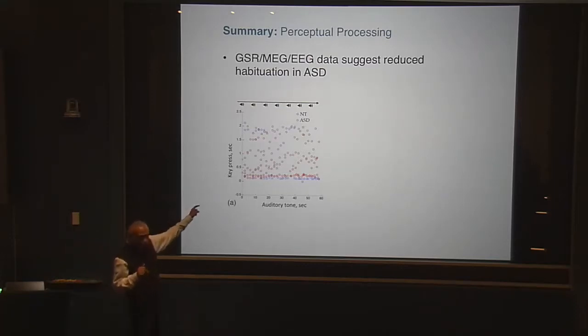Interestingly, the neurotypicals shown in the blue circles, their latencies are either close to 0 or close to 2 seconds. So they are right in the vicinity of when the beep actually happens, whereas the ASD participants seem to be all over the place.